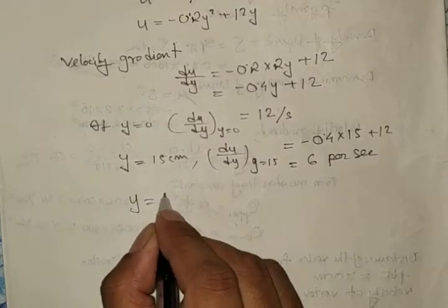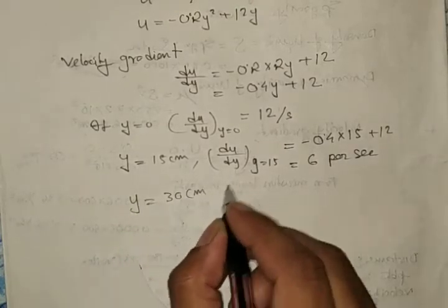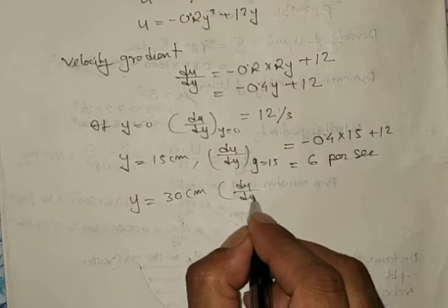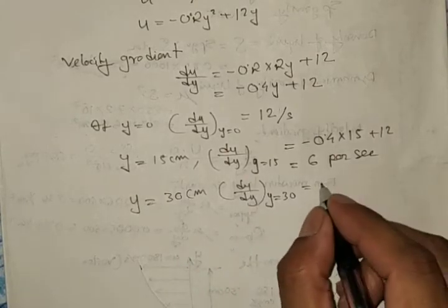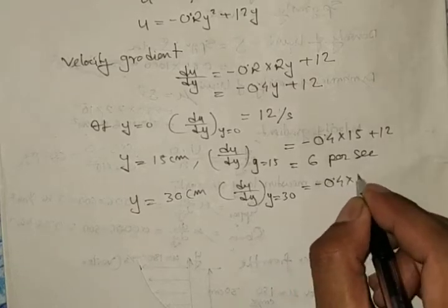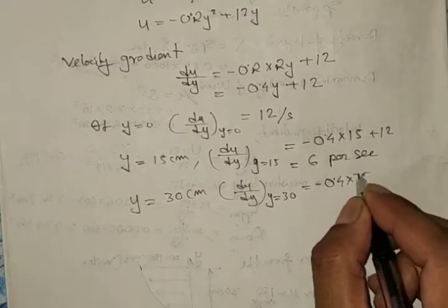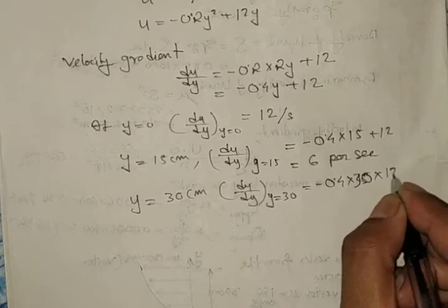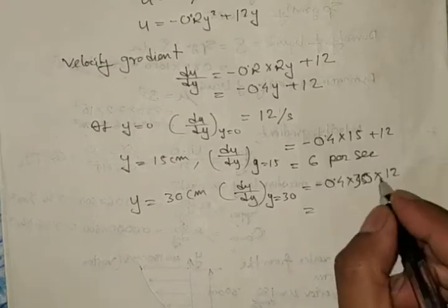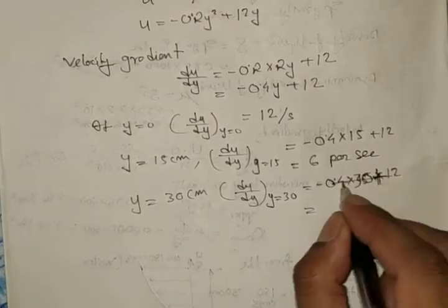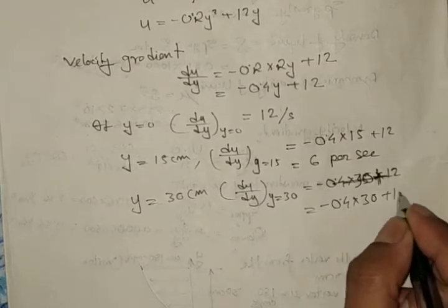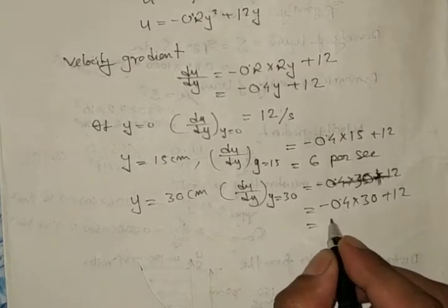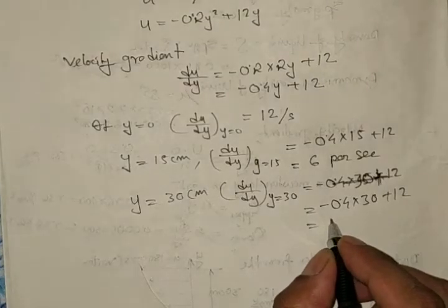Similarly, at y is equal to 30 cm, del u by del y is equal to minus 0.4 into 30 plus 12, it will be 0.